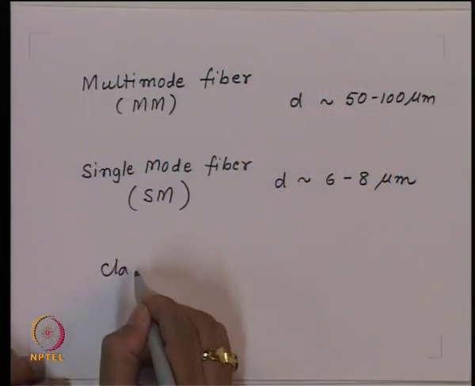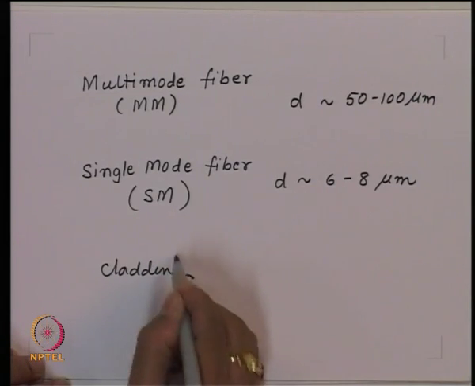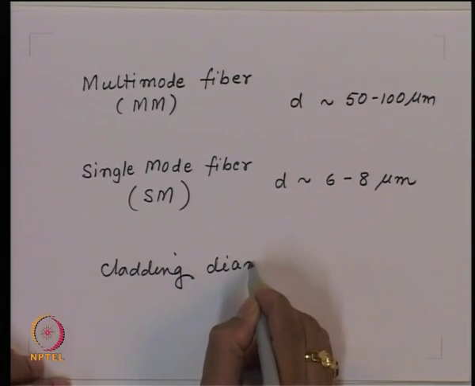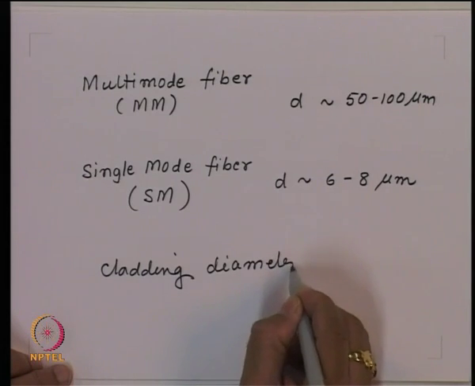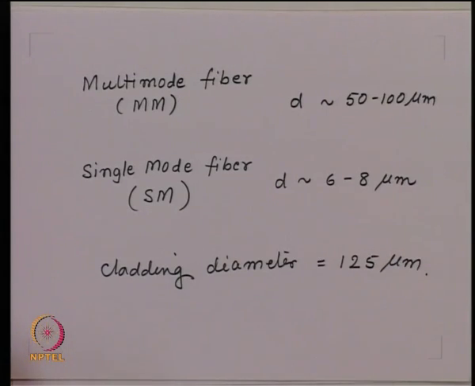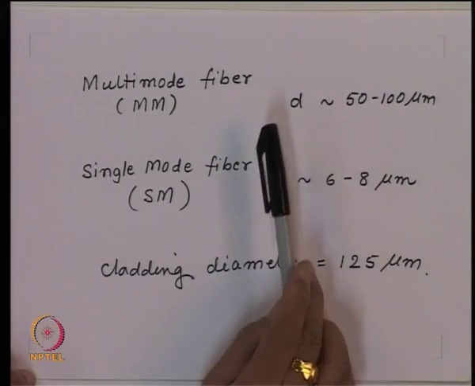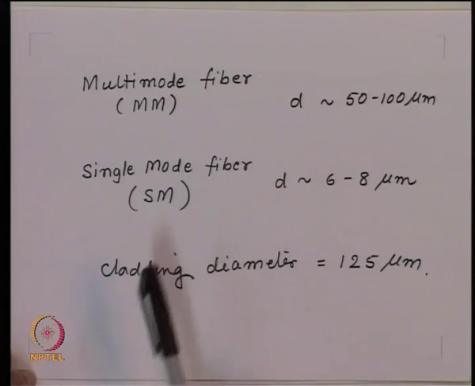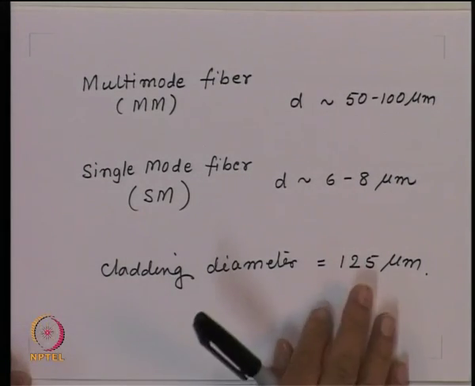So, irrespective of the diameter of the core, the cladding diameter is decided by the inner diameter of the connector, and that is the reason the cladding diameter has always been standardized to 125 micrometer, whether I am using a single mode or a multimode optical fiber.